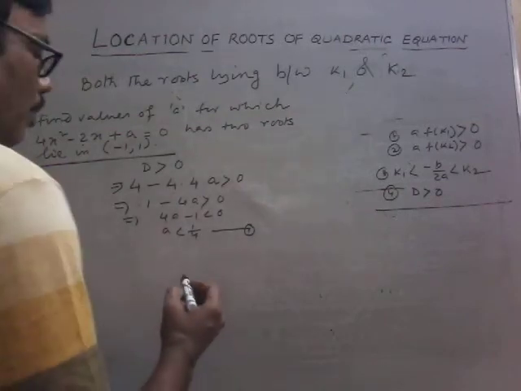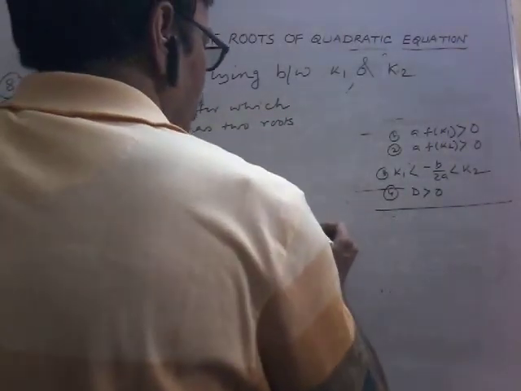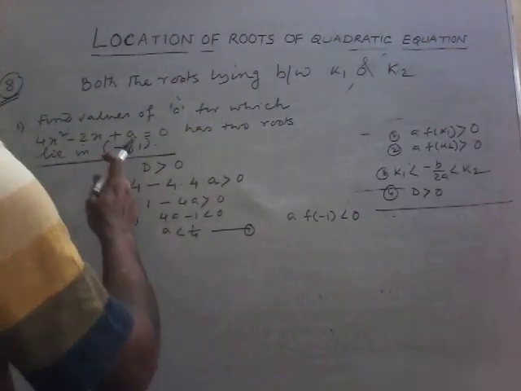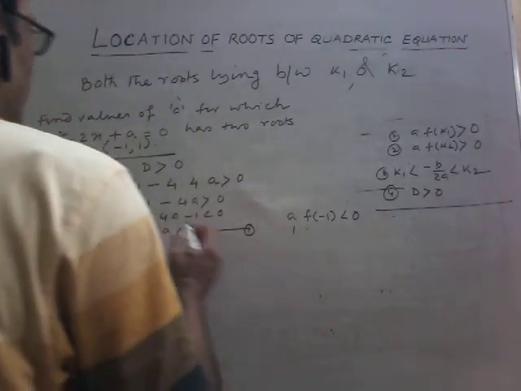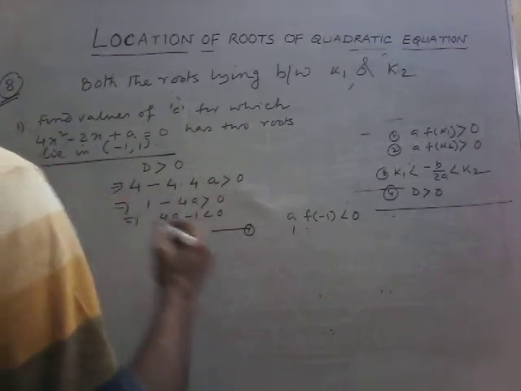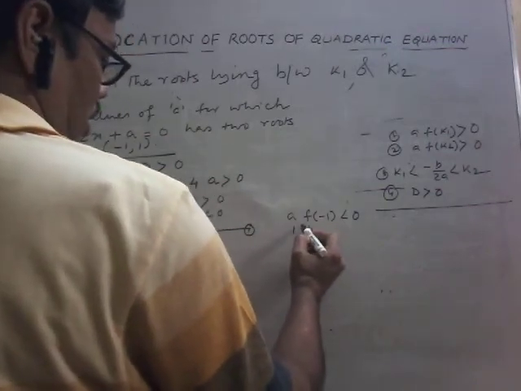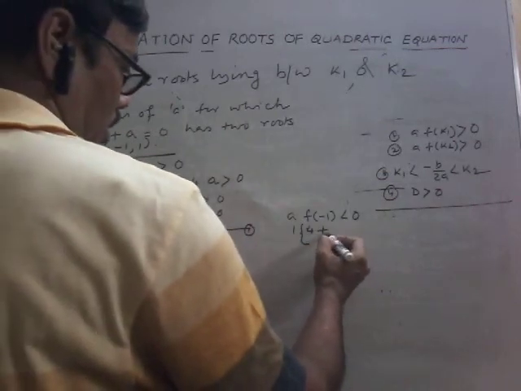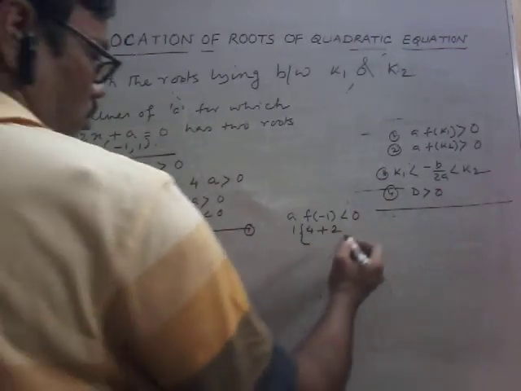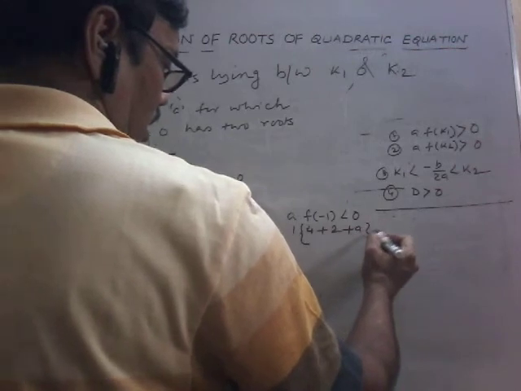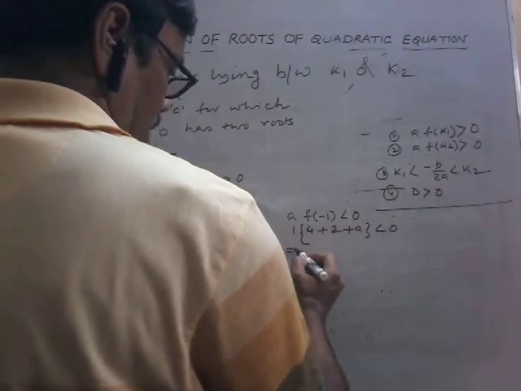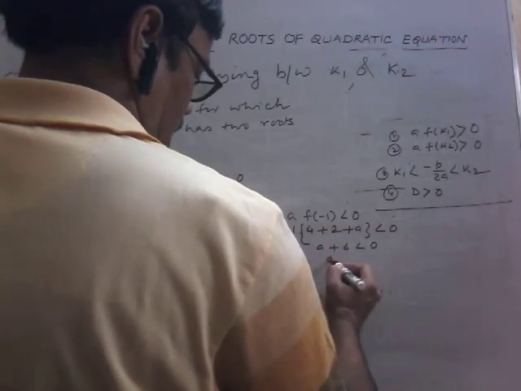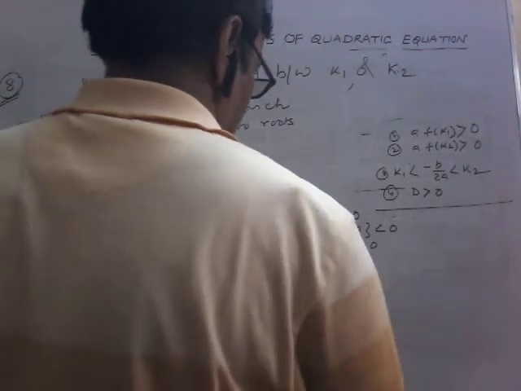Now a into f of minus 1 less than 0. So what is a? 1. A into f of minus 1: 4 into minus 1 whole square, this is 4, plus 2 plus a less than 0. That is a plus 6 less than 0. A less than minus 6.